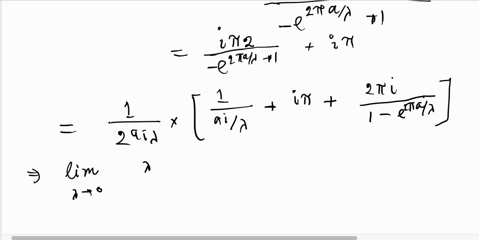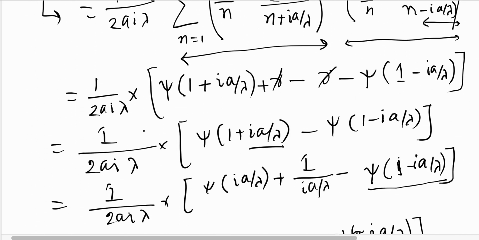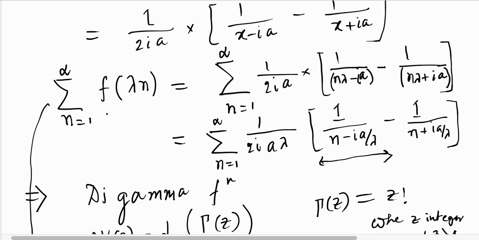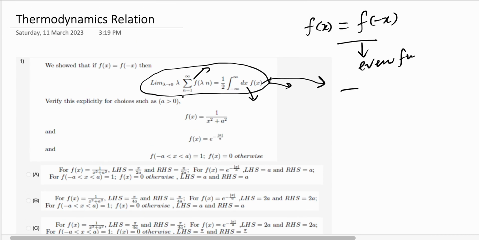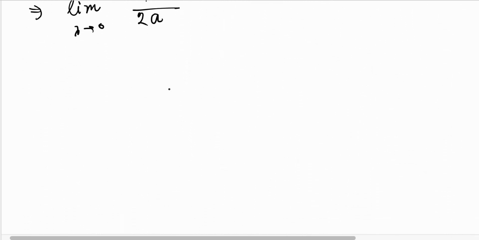If I multiply lambda with that, this will be cancelled, so that will be 1 by 2a. Lambda will be cancelled because I just calculated the value of the summation, but in the question it asks for the limit lambda going to 0, lambda into this summation, so I have to multiply lambda.